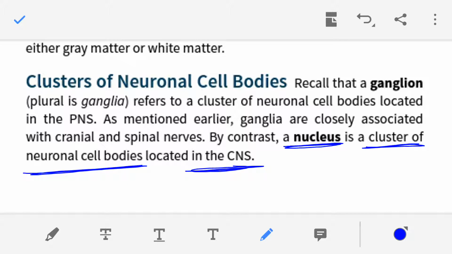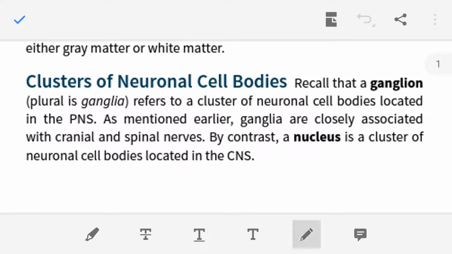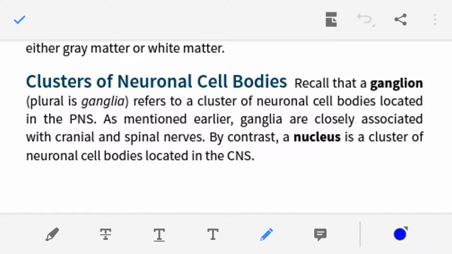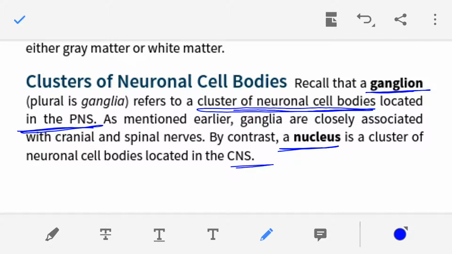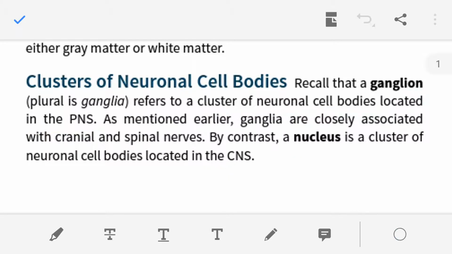So either it is a ganglion or it is a nucleus, both structures are clusters of neuronal cell bodies, but the ganglion is present in the peripheral nervous system, and the nucleus, on the contrary, is present in the CNS, that is the brain and spinal cord.